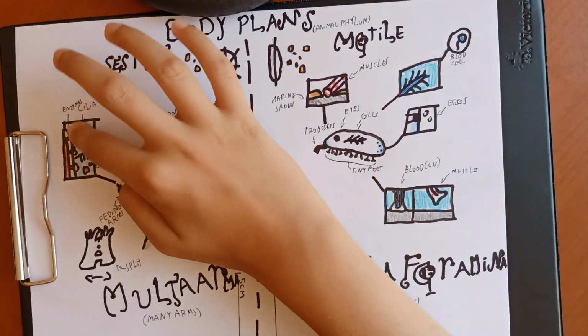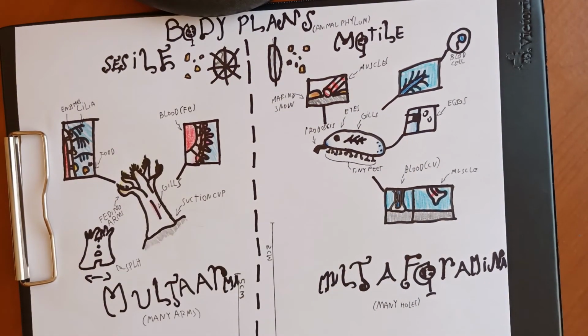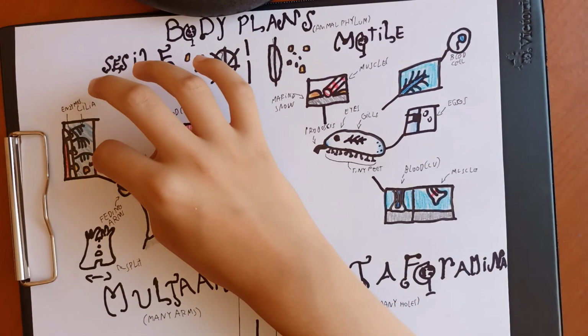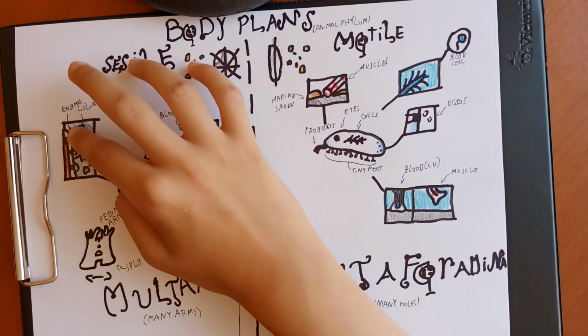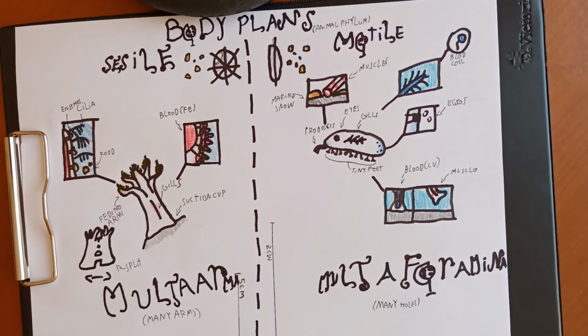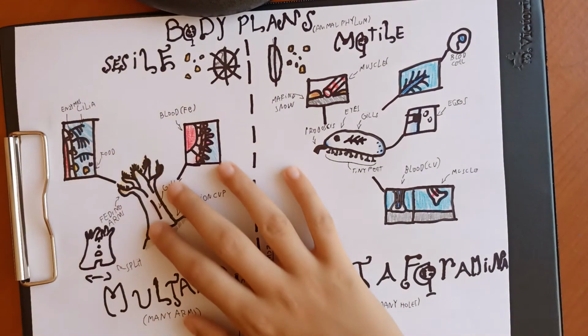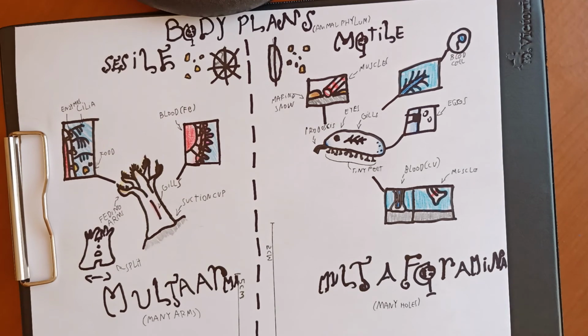The enzymes are oily, so they don't mix with water. And then with the cilia, the nutrients will be transferred to the bloodstream, traveling around the animal.